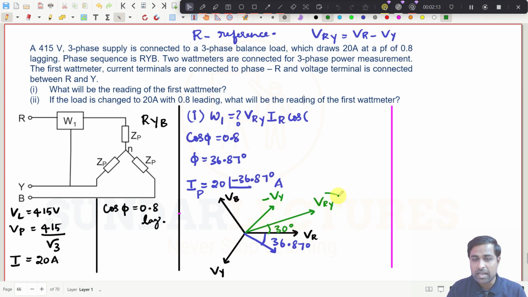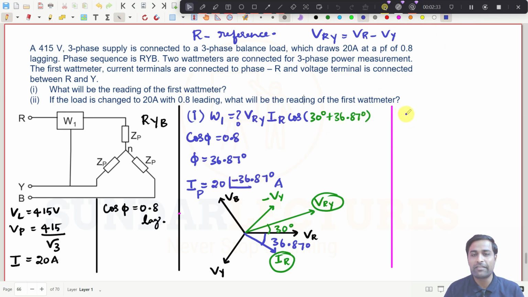What is the angle between V_RY and I_R? It is 30 plus 36.87, so this value will be 30 degree plus 36.87 degree.